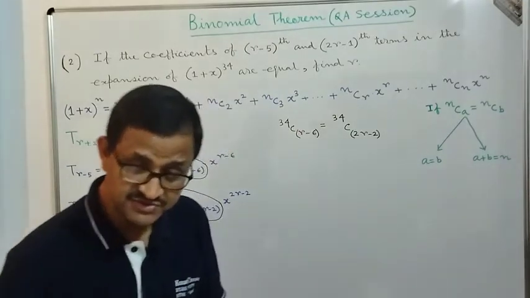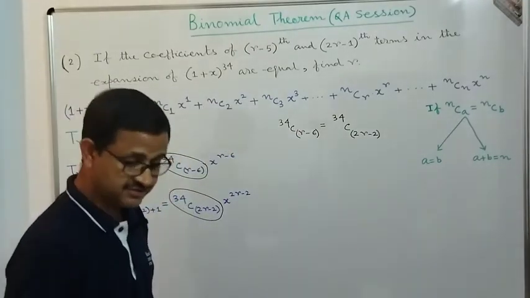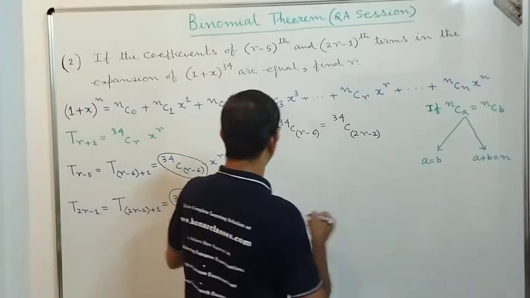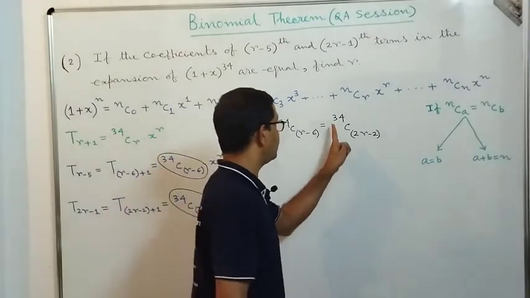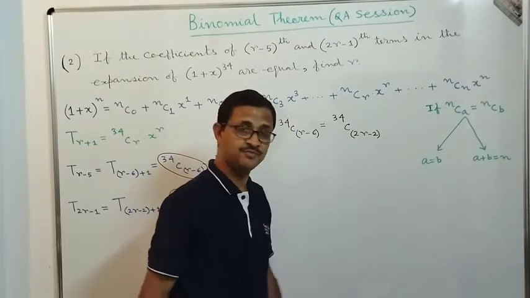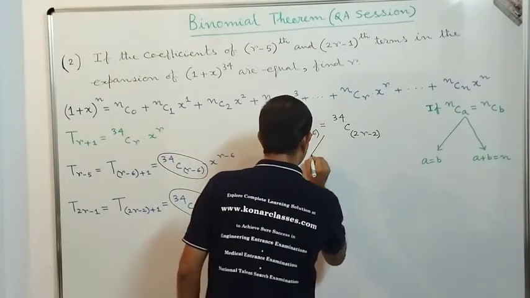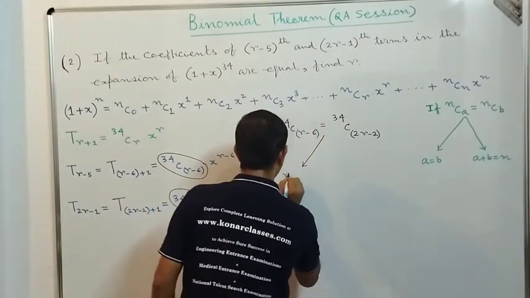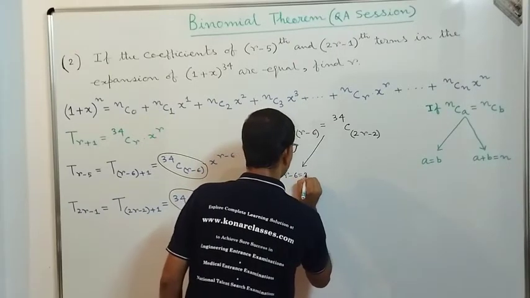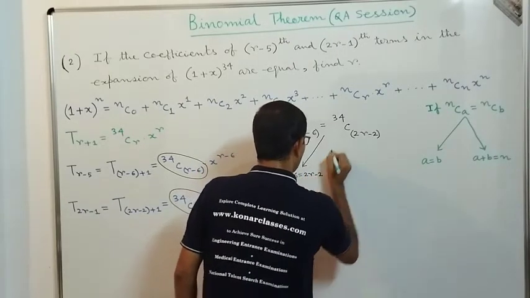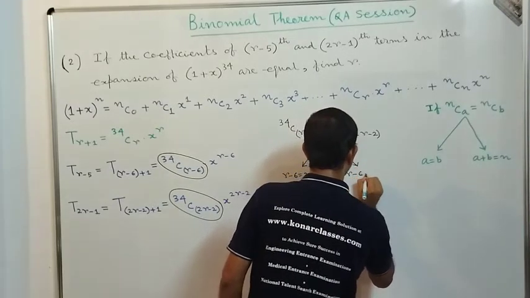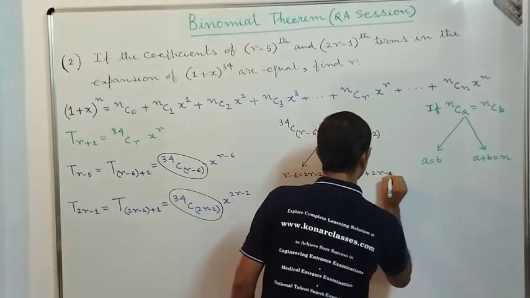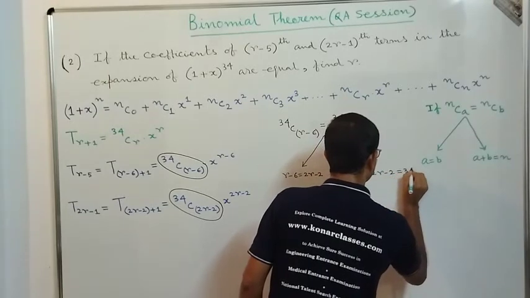And we need to leverage this formula. Here we see that 34C(r minus 6) is equal to 34C(2r minus 2). So we can conclude either r minus 6 is equal to 2r minus 2, or r minus 6 plus 2r minus 2 is equal to 34.